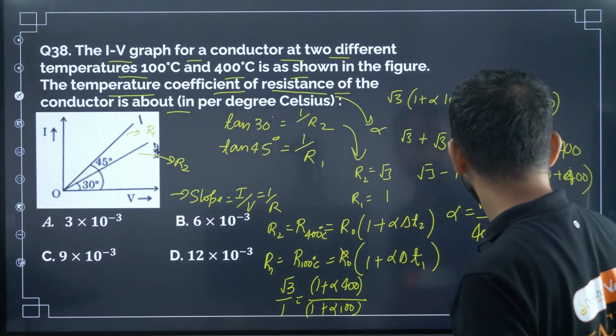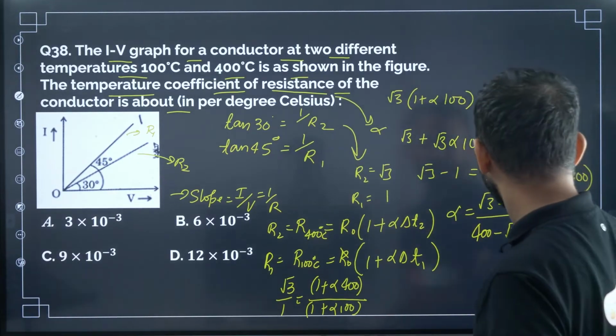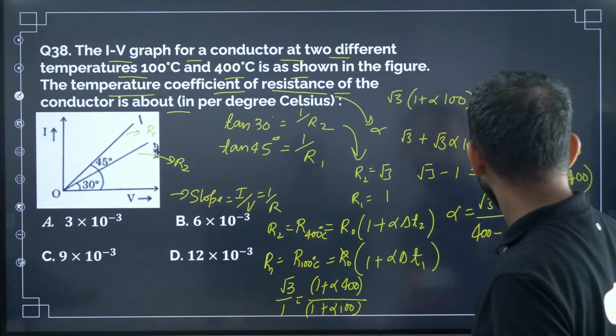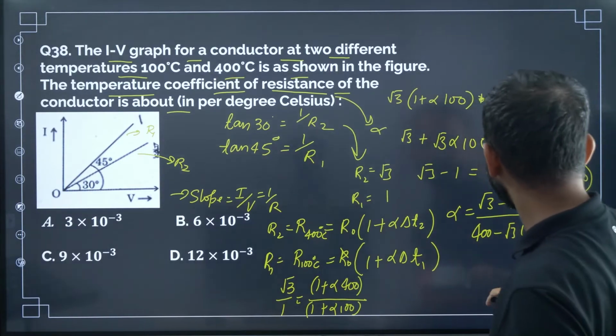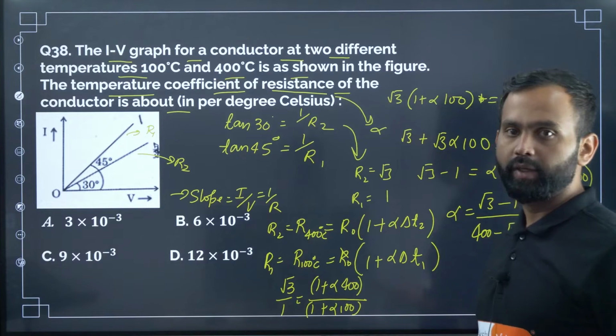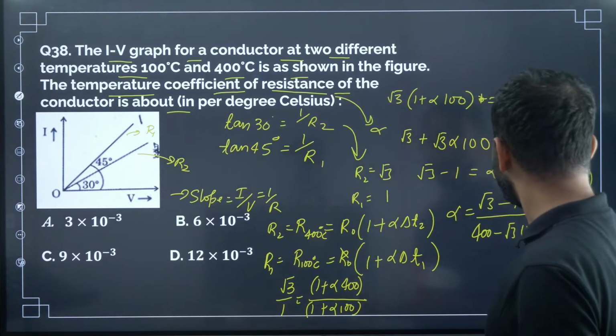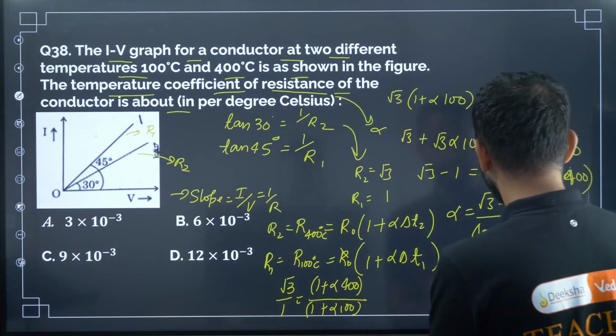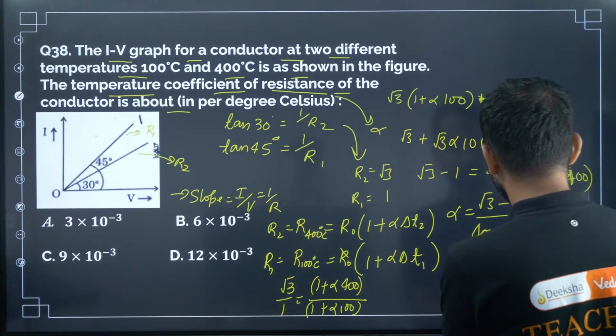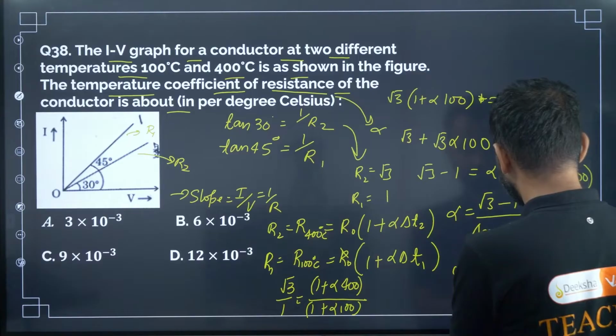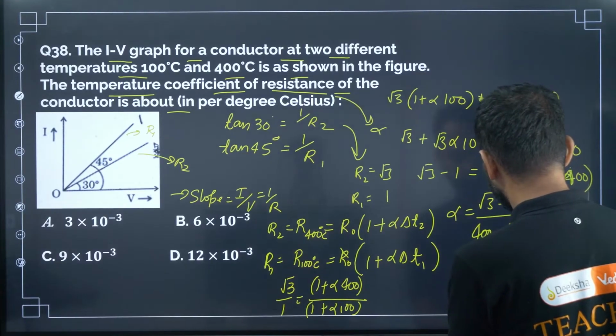Root 3 is 1.7 something, so 1.7 into 100 is 170. 400 minus 170: 400 minus 100 is 300, 300 minus 70 is 230. Alpha equals root 3 minus 1, so this will be 0.7 divided by 230.